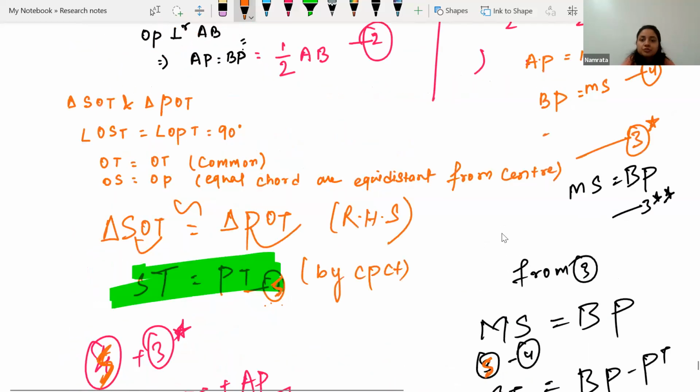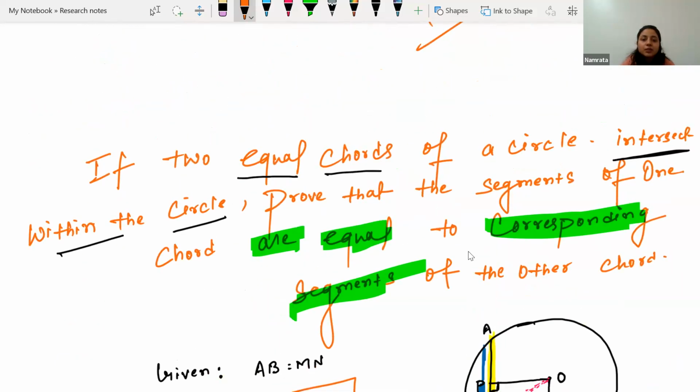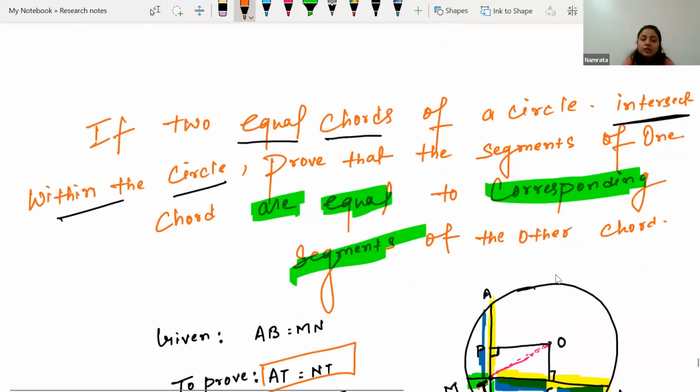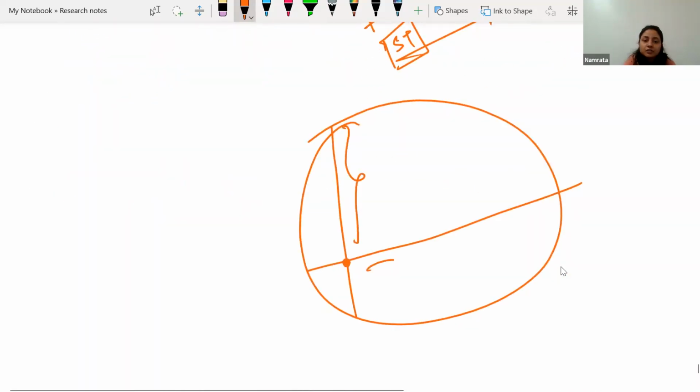Then we have to prove that the segments of one chord are equal to the corresponding segments of the other chord. That means we have to prove that this one and this one are of the same length. The corresponding parts after intersection are of the same length. And we also have to prove that this smaller one is equals to this smaller one. That's what we have to prove over here.